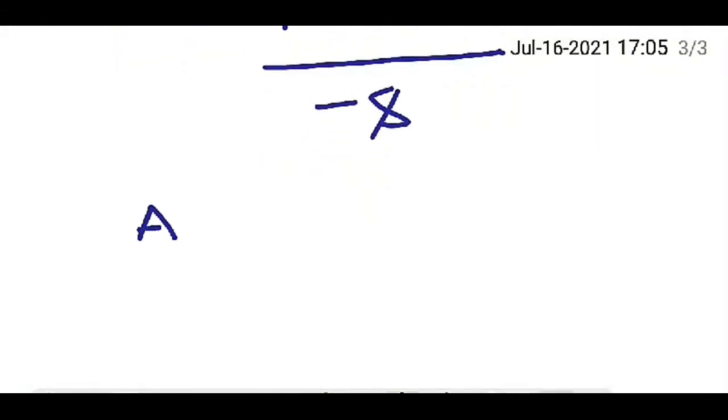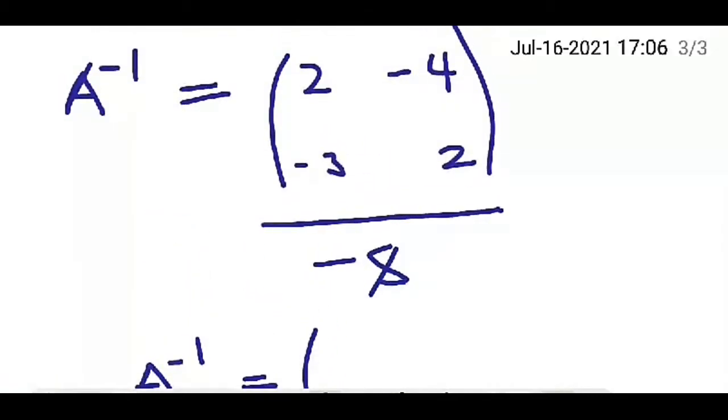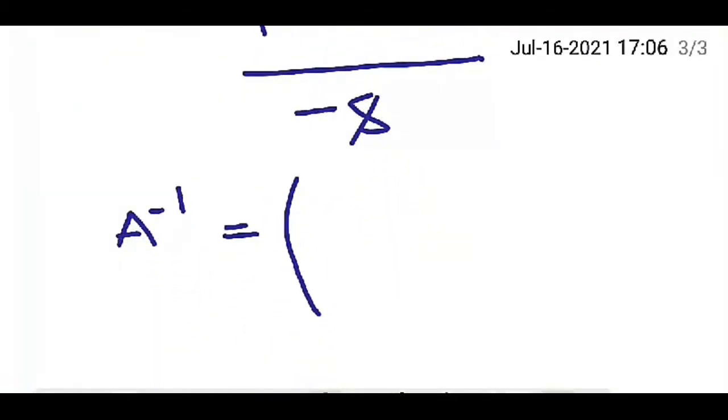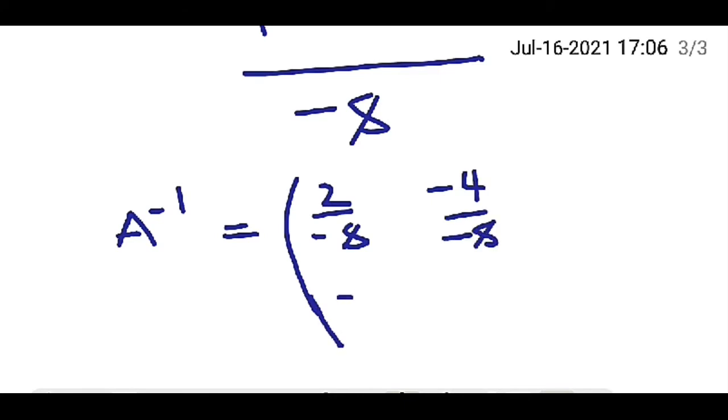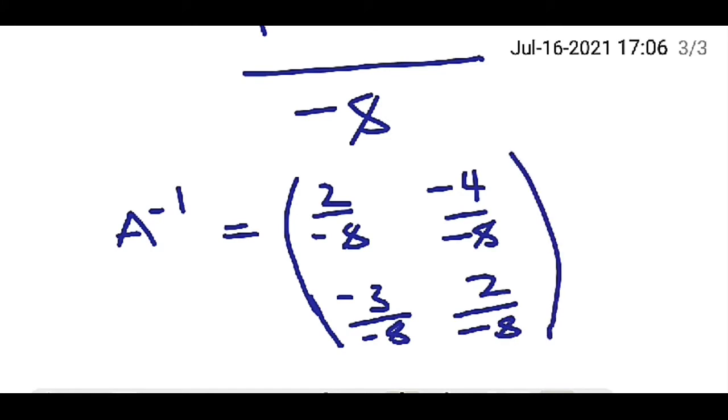That will give us A inverse equals 2 over -8, -4 over -8, -3 over -8, and then 2 over -8. You can simplify this more.